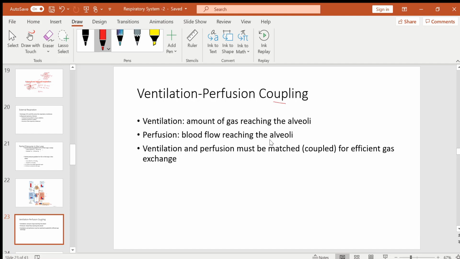If perfusion occurs when you are expelling the air, or you have already expelled the air, that flow of blood is not very helpful, because the air has left the lung. So perfusion and inhalation, exhalation, should be coupled to make sure that blood gets enough oxygen.